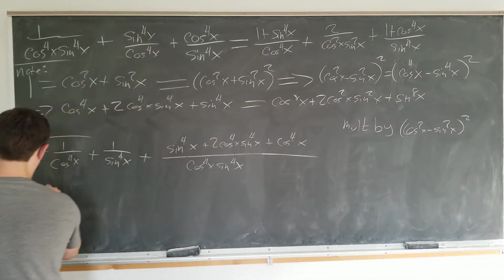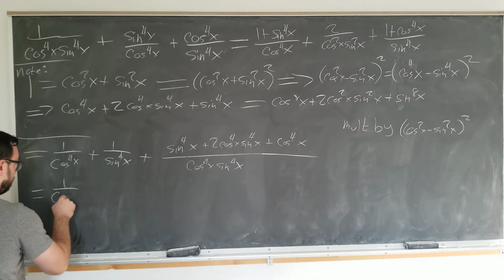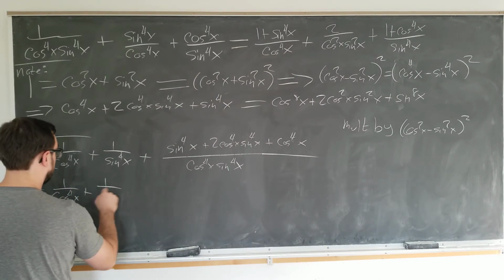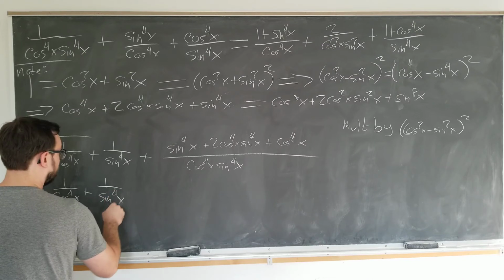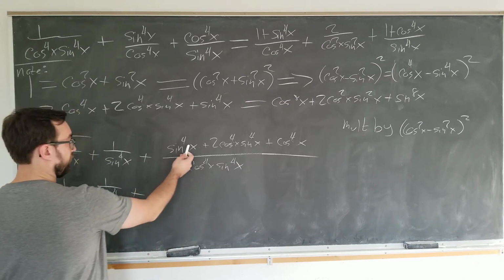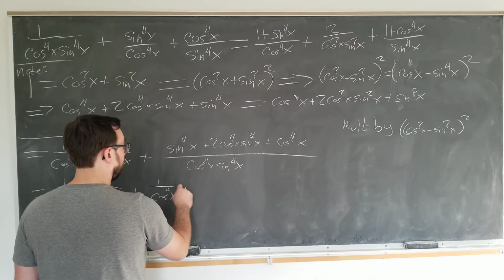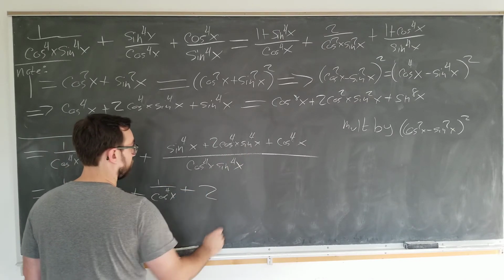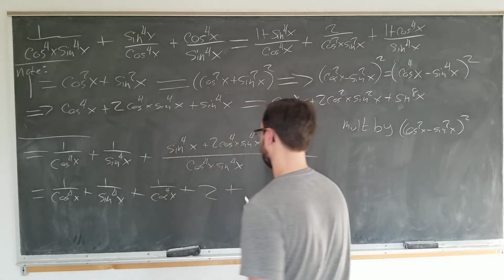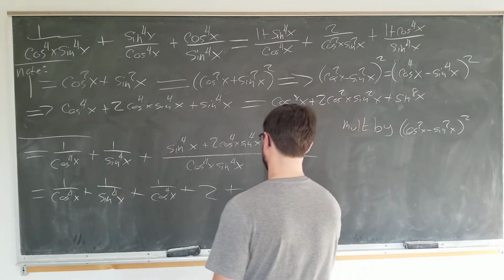So it becomes terms that we had before, plus 1 sine fourth x. We had these terms, new terms, we get the sines canceling over cosine to the fourth. And then this term, everything cancels, so it's just 2. And this term, we get the cosines canceling.